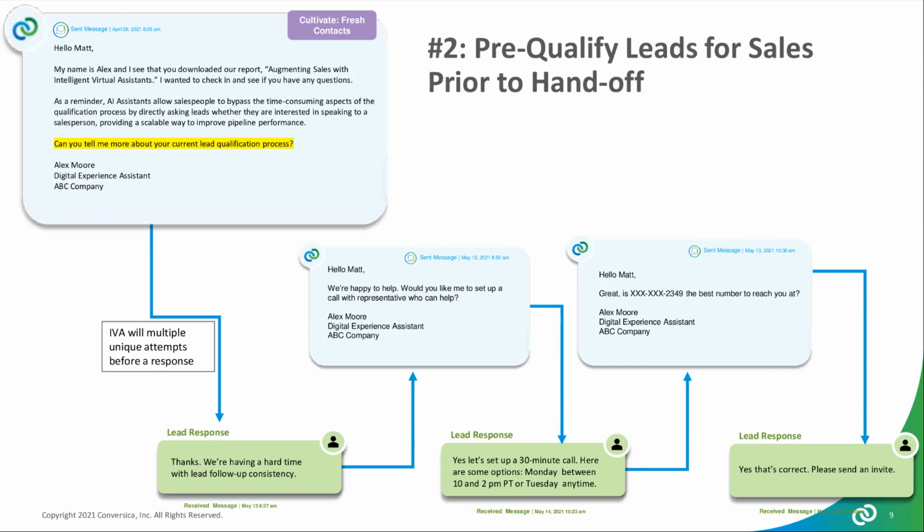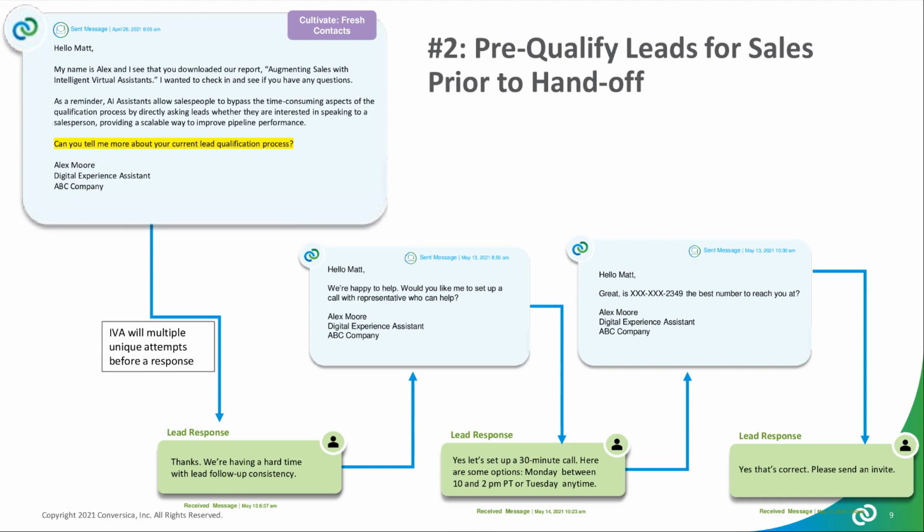So in this example, again, we've customized and referenced that the lead has downloaded our report, Augmenting Sales with Intelligent Virtual Assistants, and it's checking in to ask if there are any questions. It reminds the lead who we are, what we do, and why we're reaching out.